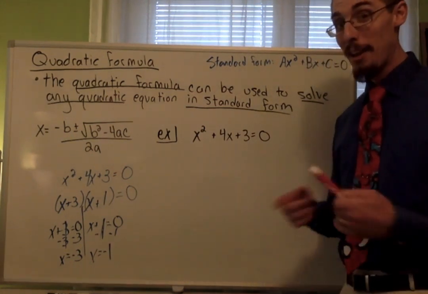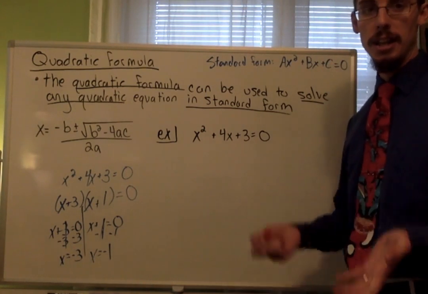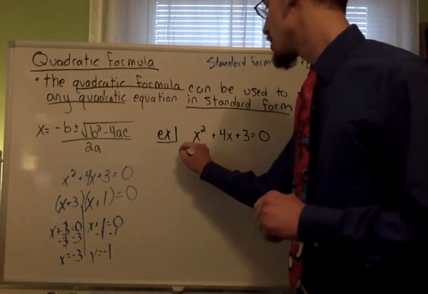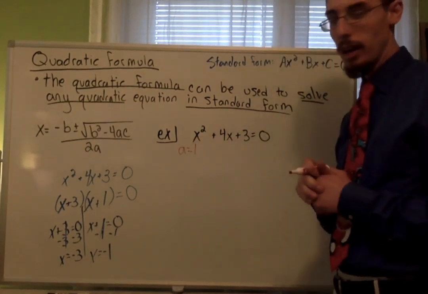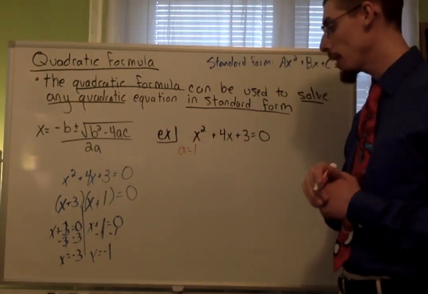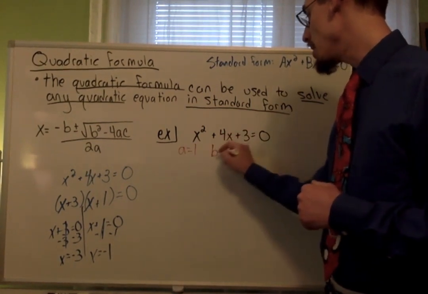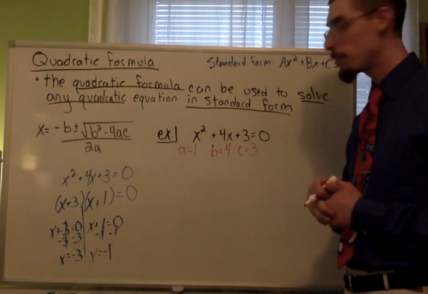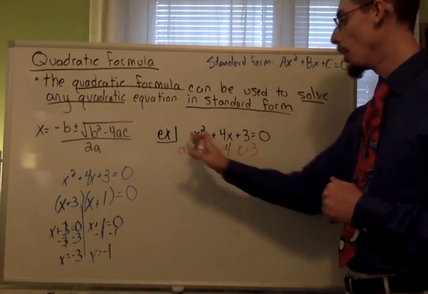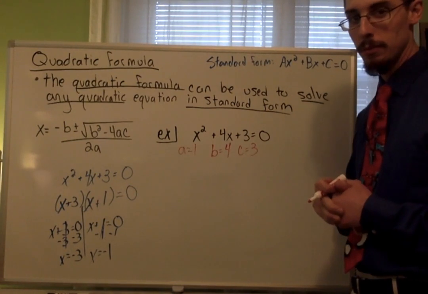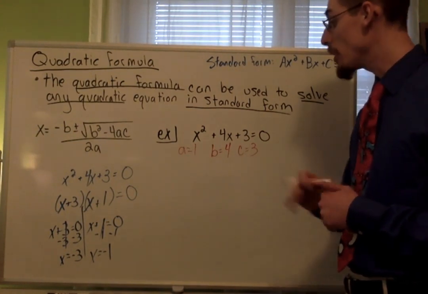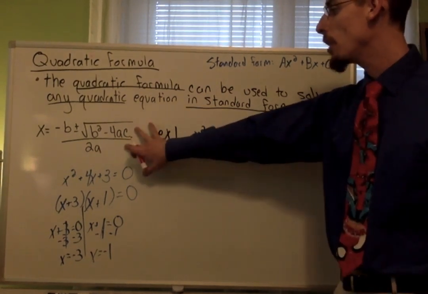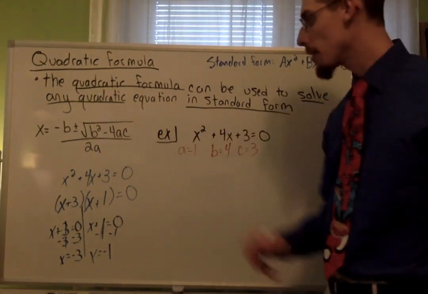So first, let's identify our a's, b's, and c's. In this equation, a is 1, right? 1 in front of the x squared. b is 4, and c is 3. 1, 4, and 3. So what I will do is I will take those 3 numbers and plug them all into this formula here.